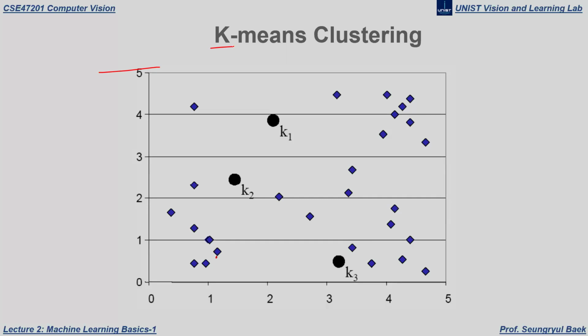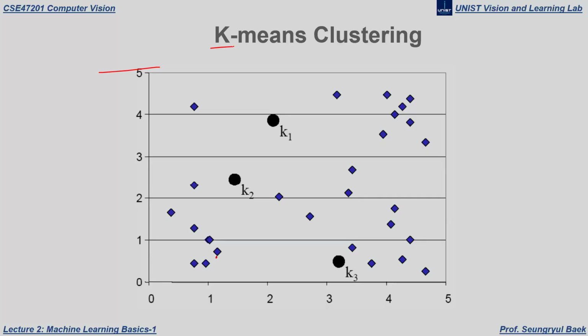So in this example below, k is set as 3. At the initial stage, these k values are randomly initialized.